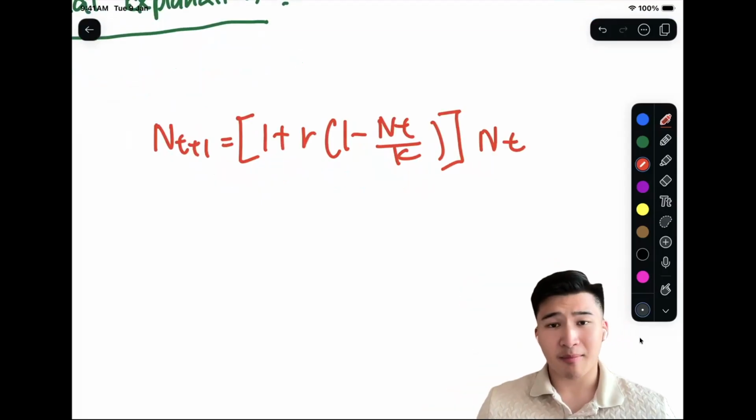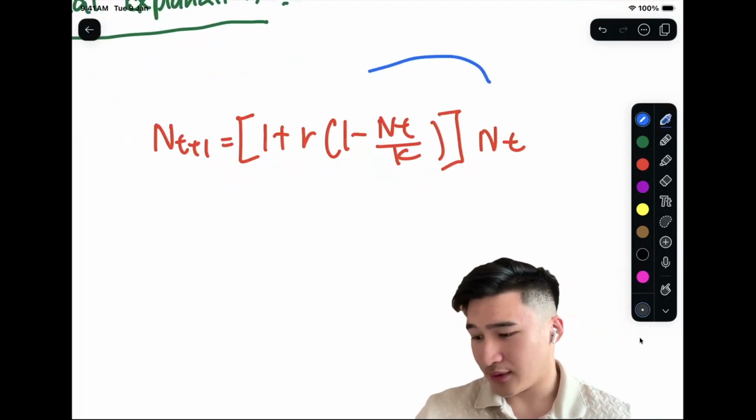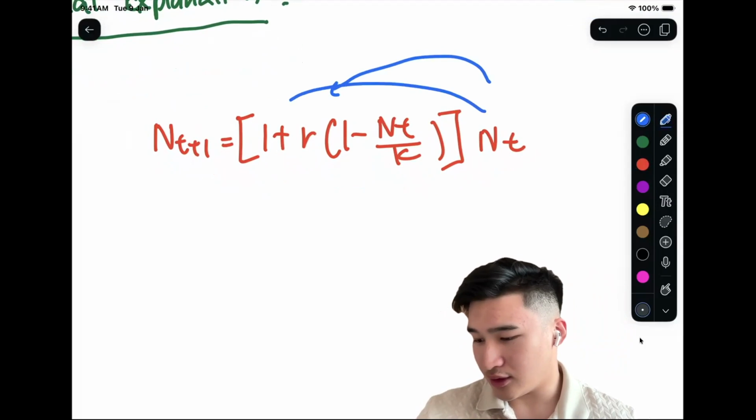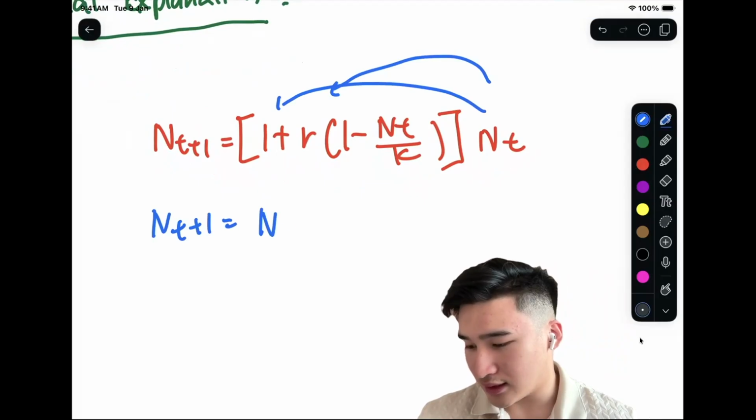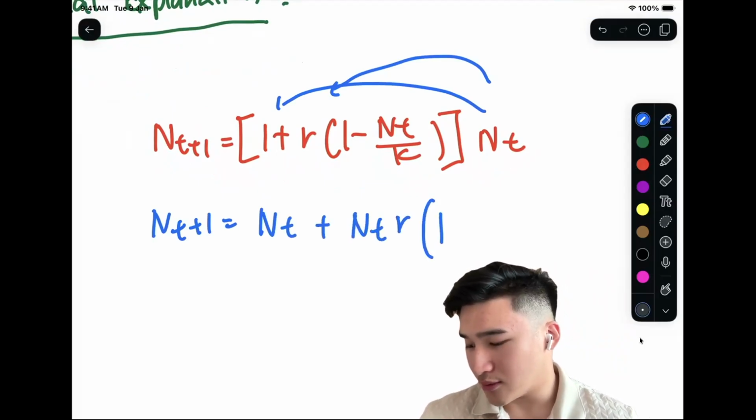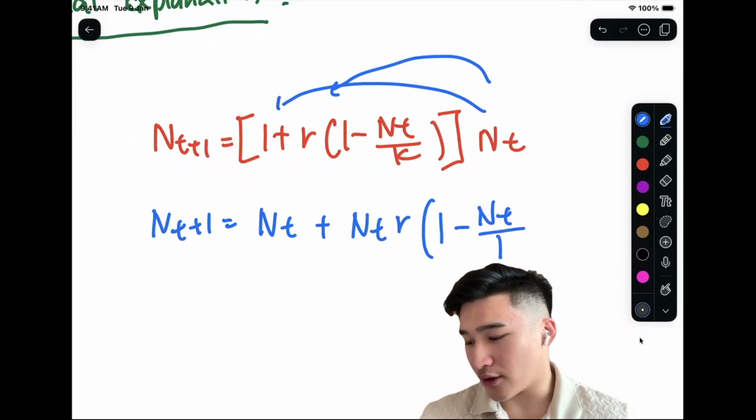So let's actually start by multiplying out the equation. From here to here, we'll get N_{t+1} equals N_t plus N_t r times (1 minus N_t over K).